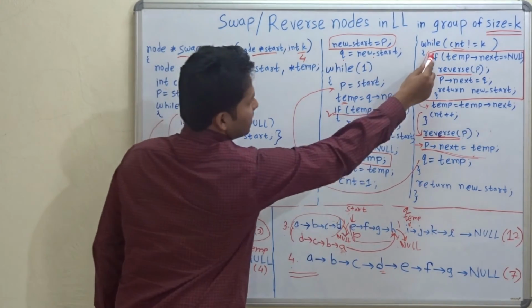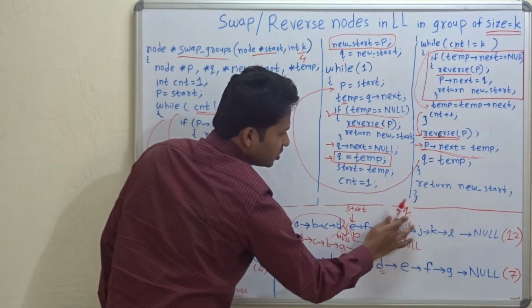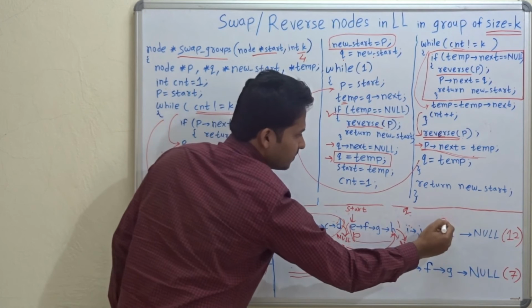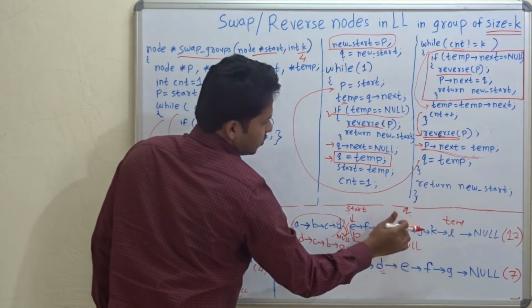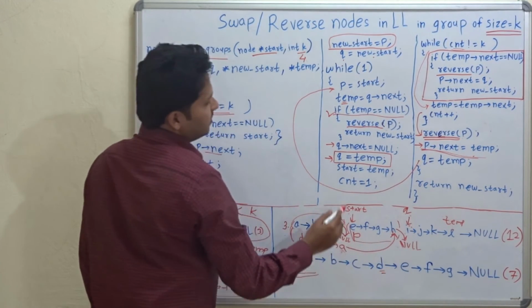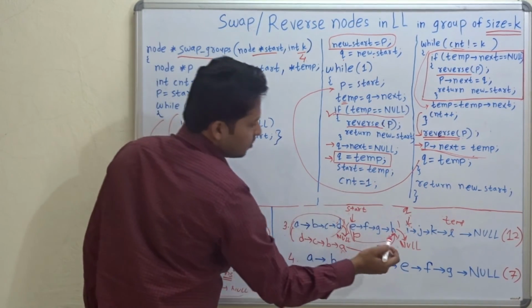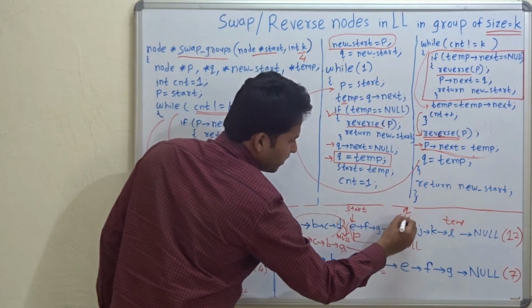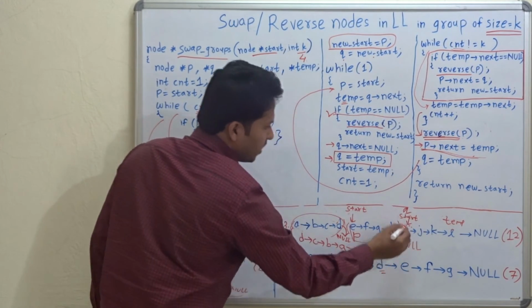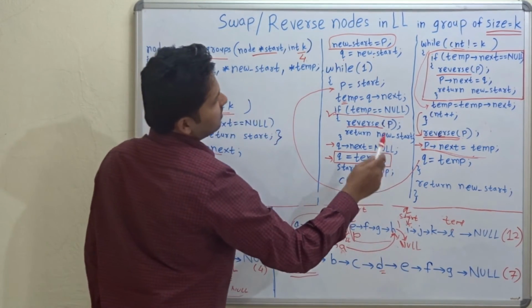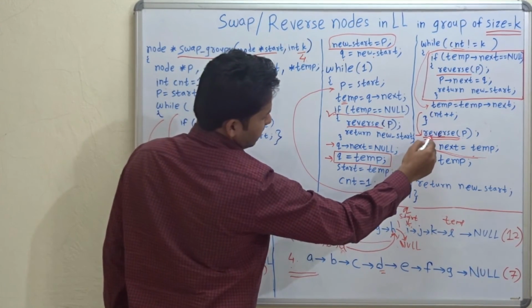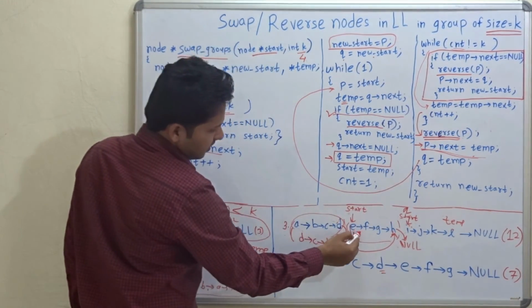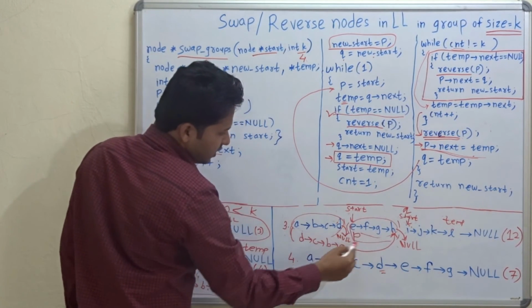So Q will also point to temp, that is the starting of the next group. So again in this while loop, temp will reach to the fourth node, that is L, and Q is pointing to I again. So start is equal to temp, so start will point to I again, and then here we will reverse the linked list. So this group will be reversed.